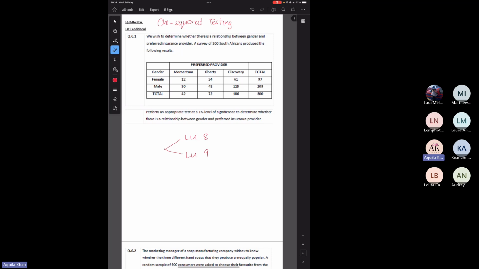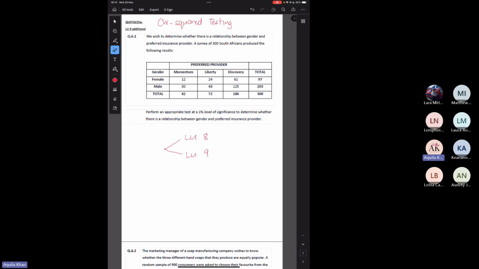So that's a downside when it comes to learning unit 8, because if you're identifying it as the wrong type of test, then you're using the wrong critical value, then you're calculating and creating an incorrect conclusion, and the whole thing just goes wrong.